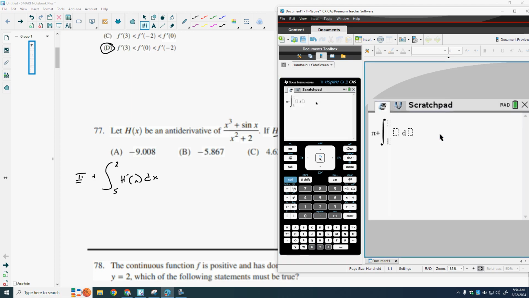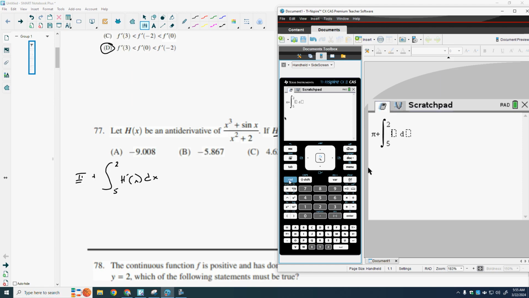Plus the integral from, now in the past, I've said you have to switch from a lower to an upper, have to go from smaller to bigger. I said that because it has to be like that on a graph, because you can only go one direction on a graph. The calculator, with the fundamental theorem of calculus, will do it correctly. Okay, it's from where I start to where I end. I don't need to flip these and make it a minus. You can, but I don't need to, because the calculator will handle that for me.